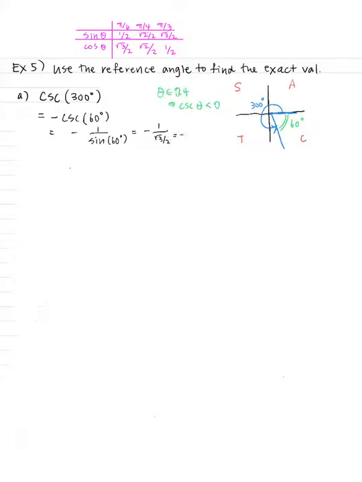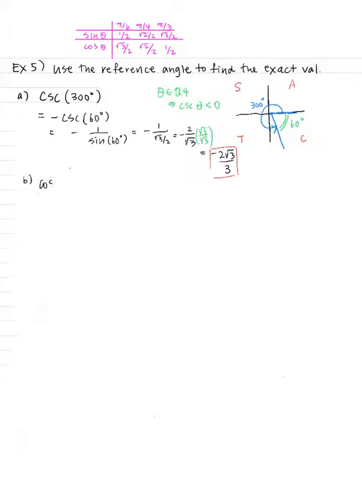So you're going to have negative 2 over root 3. Rationalize the denominator, and we're going to get negative 2 root 3 all over 3. And that's going to be the answer. I'm going to do a few examples of this till we get a hang of it.